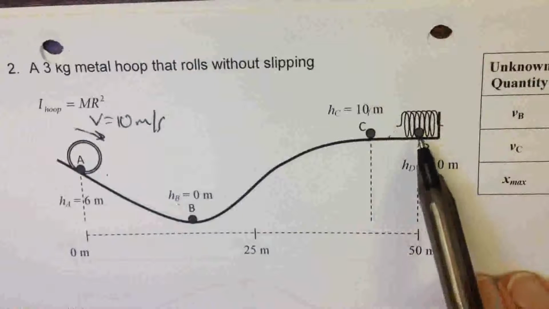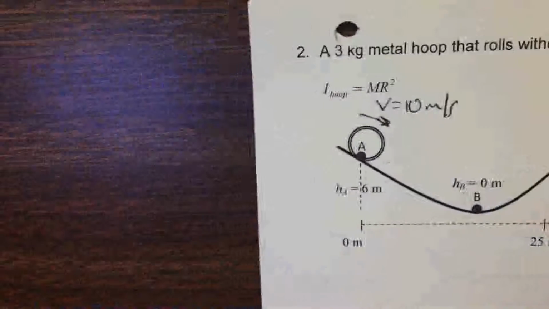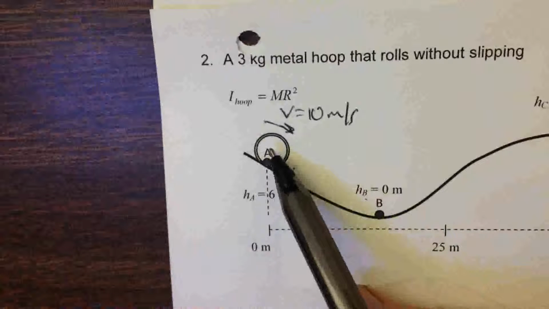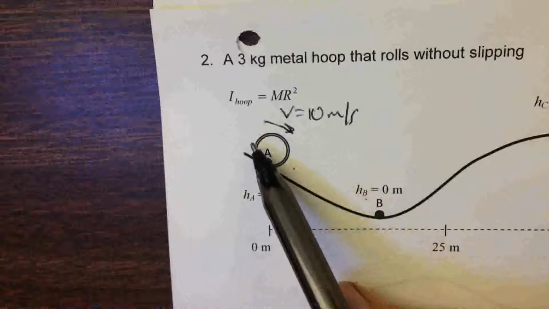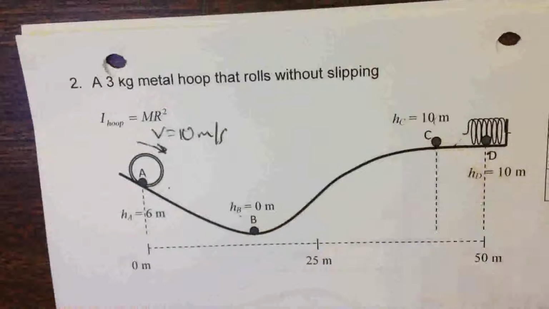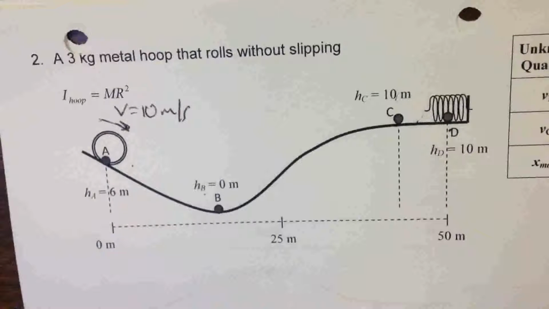At the 50 meter mark, we should have 0 kinetic energy left. We should also have a starting kinetic energy. It's not starting at rest, so it is moving to begin with, but it'll be moving faster here in the beginning than it is at point C. So the kinetic energy will be increasing.